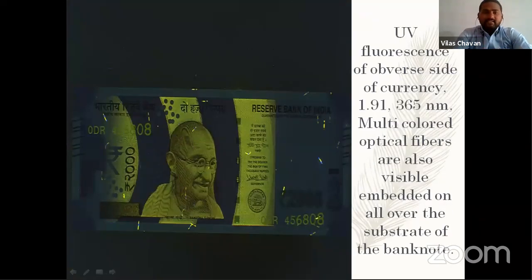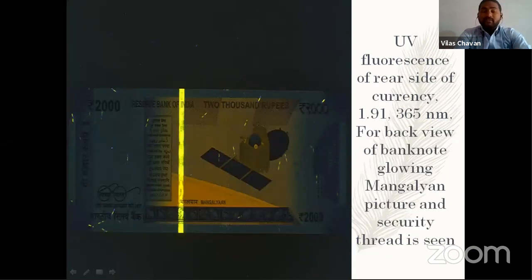Then on the obverse side of the currency note, which shows fluorescence at 365 nanometer, we can also see the multicolored optical fibers embedded all over the substrate of the banknote. Here the security thread shows fluorescence. Also you can see the glowing Mongolian picture, observed at 365 nanometer.